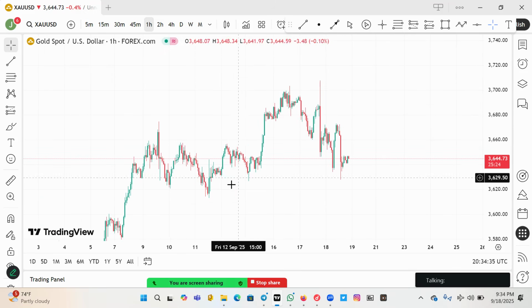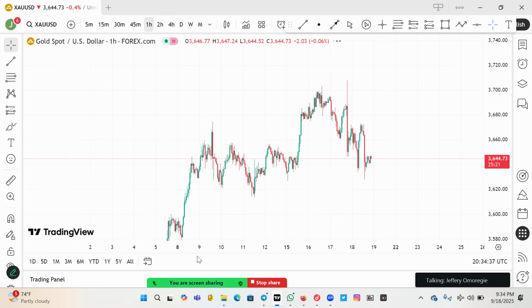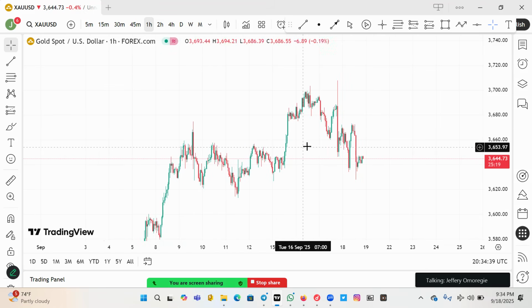Now, let's use GBP USD as a case study. Do not forget that the time frame you use in marking your valid break of structure is the 1 hour time frame. The reason you use the 1 hour time frame is because it is the intermediate time frame between the lower time frame and the higher time frame.